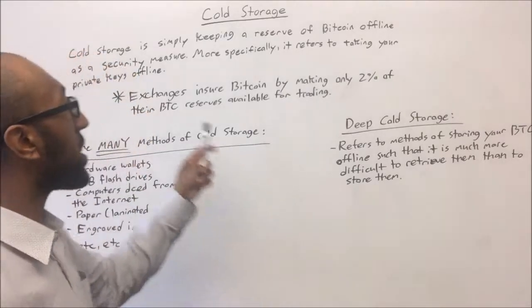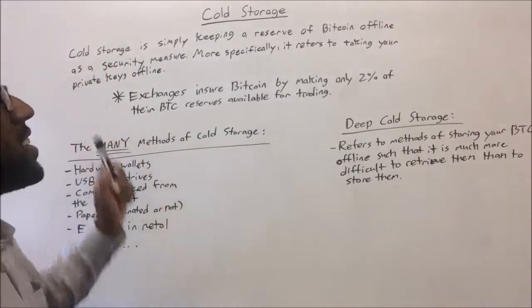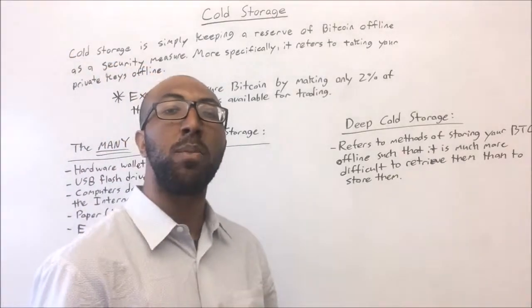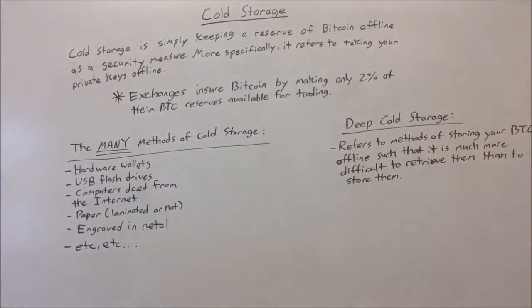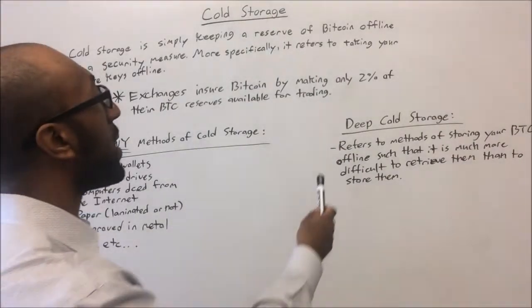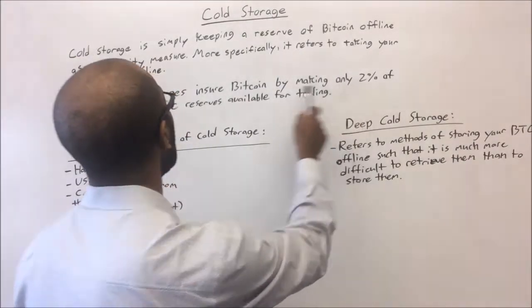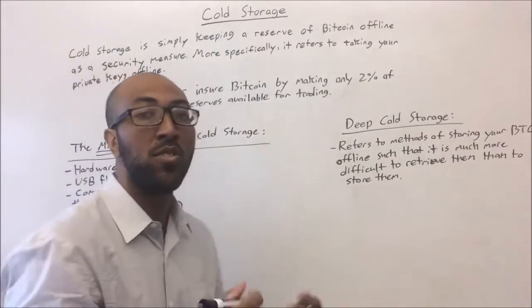And just to touch on something I said in the previous video, I said exchanges are able to store your Bitcoin by using cold storage. What I meant by that is exchanges ensure your Bitcoin by only making available 2% of their Bitcoin reserves for trading.